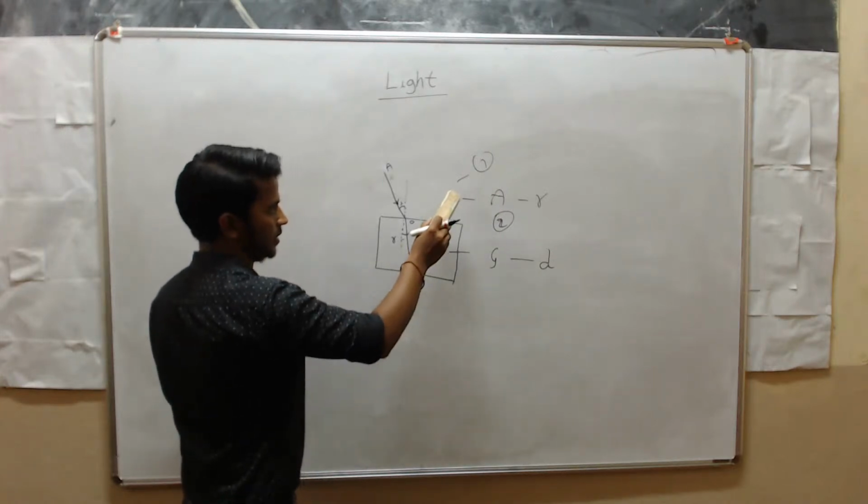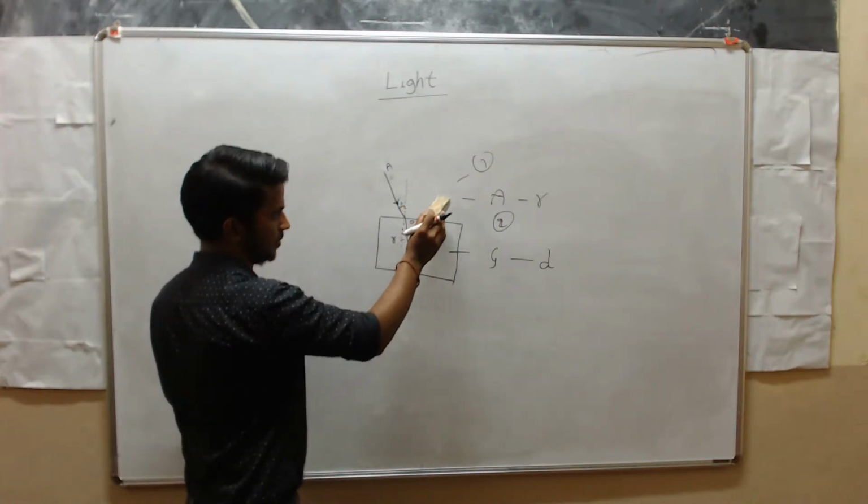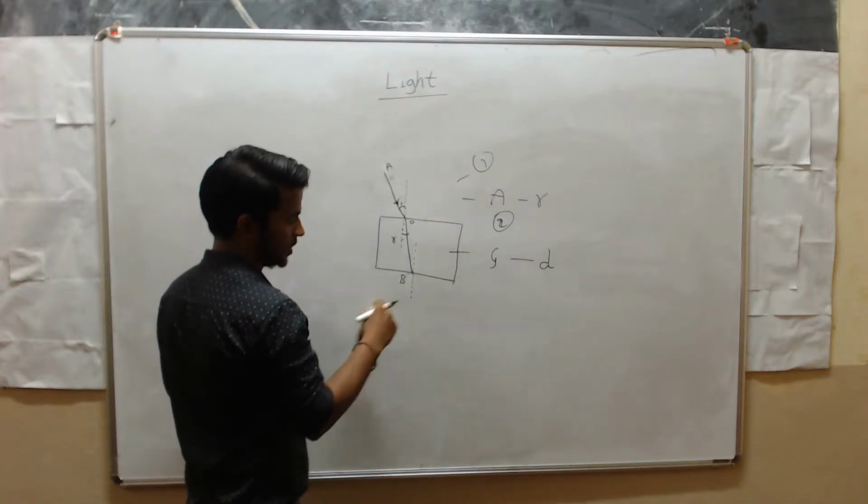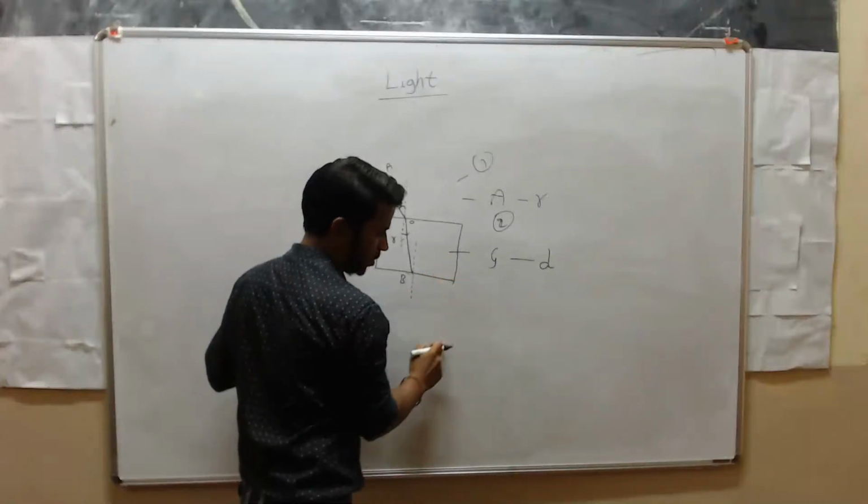So now see, initially the light travels from rarer medium to denser medium. Now once again that light is traveling from denser medium to rarer medium.